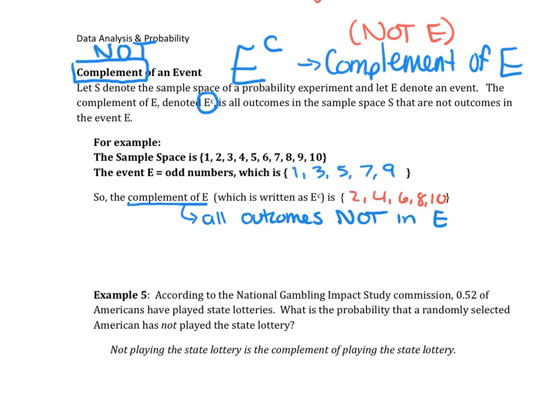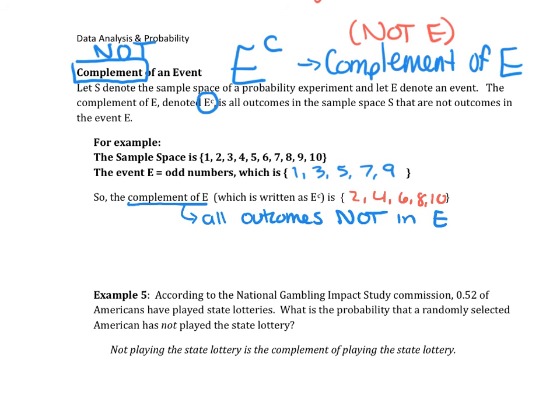Okay, so the event is just as normal, however we defined events before, and then the complement of E is just everything else, everything that's not in that event that we're talking about. Between the event and the complement of the event, we have the entire sample space, right? We have 1, 2, 3, 4, 5, 6, 7, 8, 9, 10.